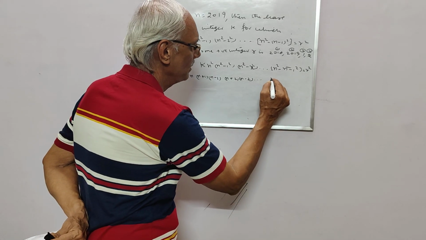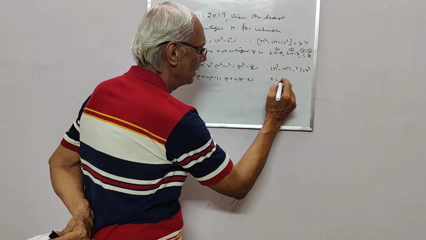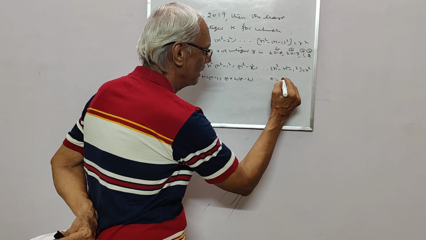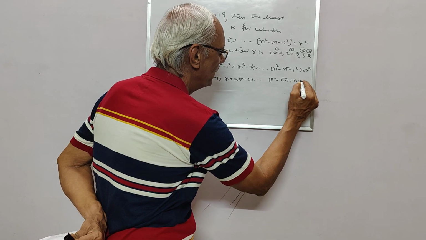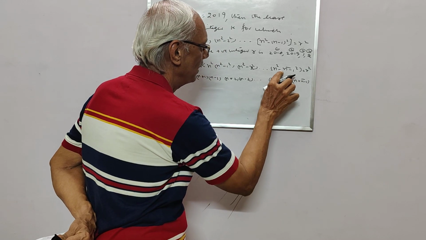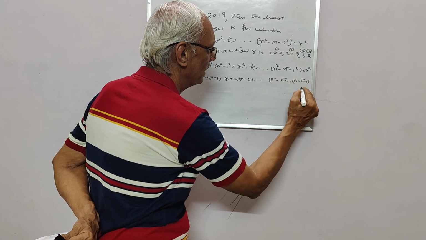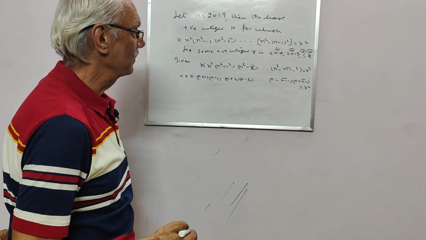So the last one will be n minus n minus 1 into n plus n minus 1, which is equal to r squared. This r squared is a positive integer.